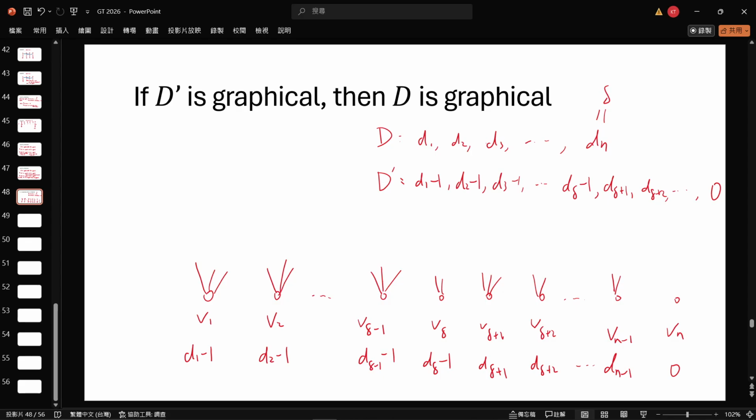Notice that Vn has no neighbors, no incident edges, because for D prime, the smallest degree is 0. Recall that the idea for getting D prime is that we create edges for Vn. Therefore, the remaining degrees will be 0, so that's why we have this 0.